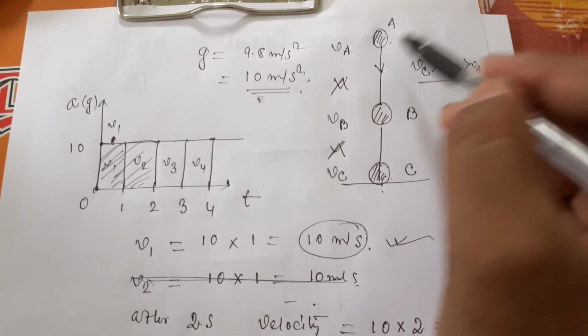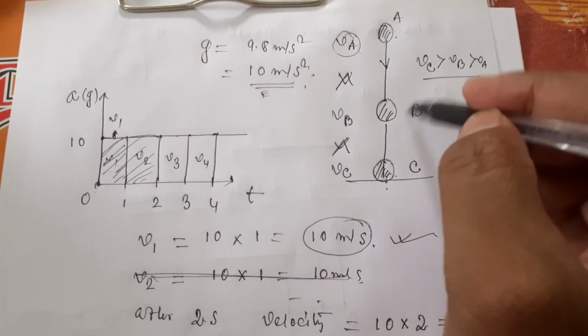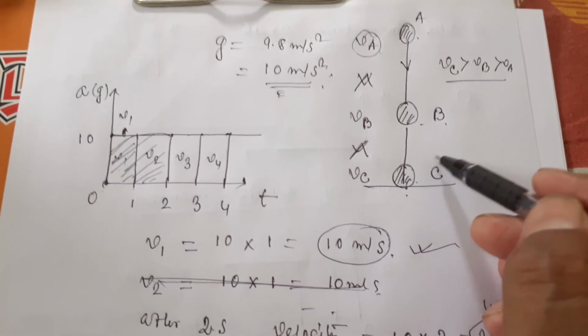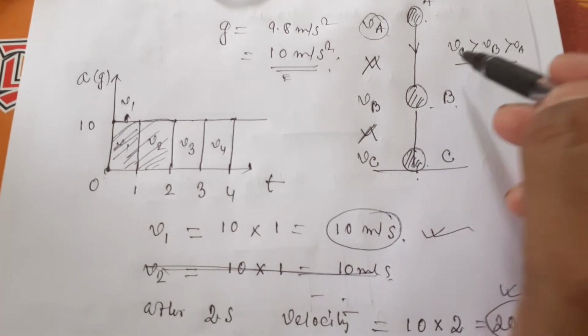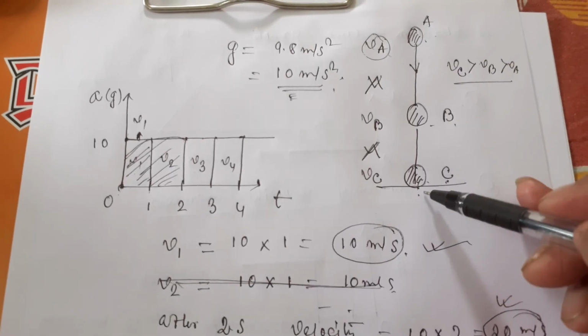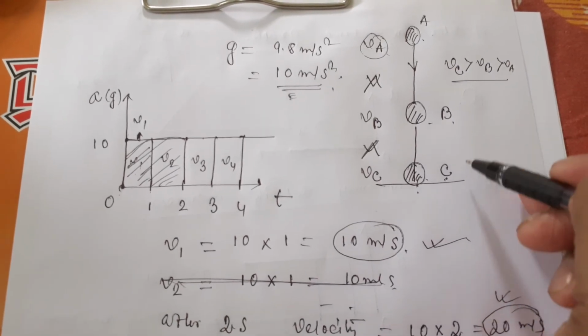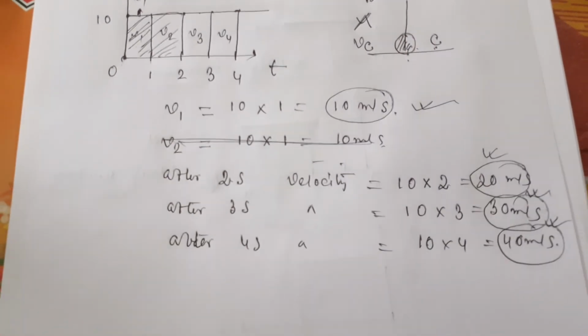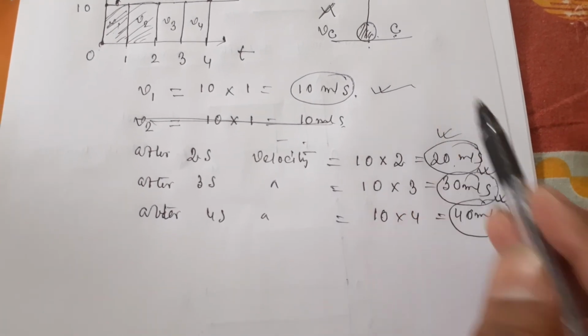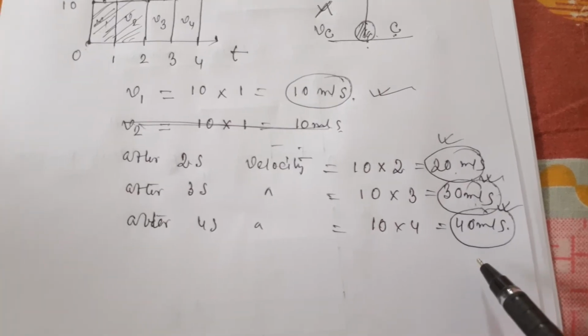After 1 second velocity will be how much? Maybe Va. After 2 seconds maybe velocity is Vb. After 3 seconds maybe velocity is Vc. So you all know that this velocity should be maximum. As it goes downward towards the ground, the velocity will increase. Same thing we are getting. Velocity is continuously increasing. First 10, then 20, then 30, then 40.